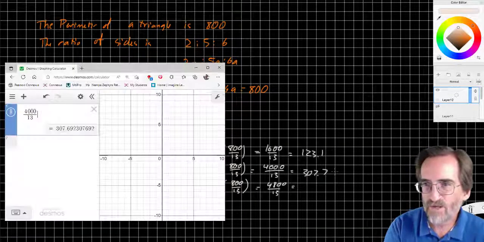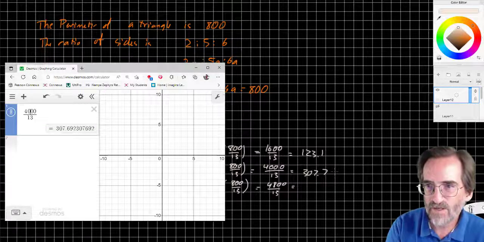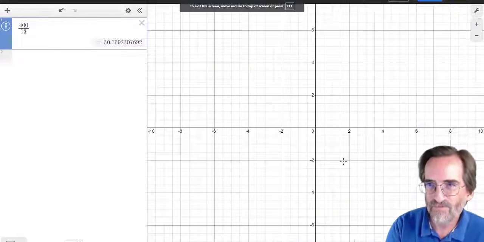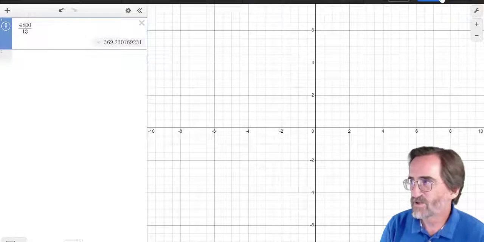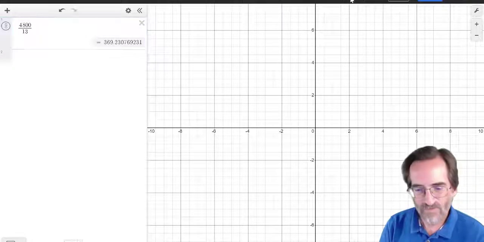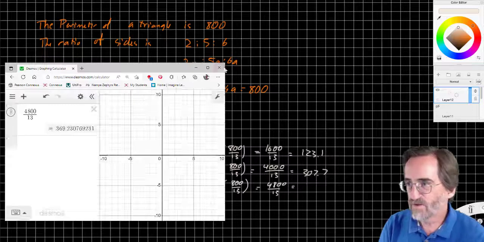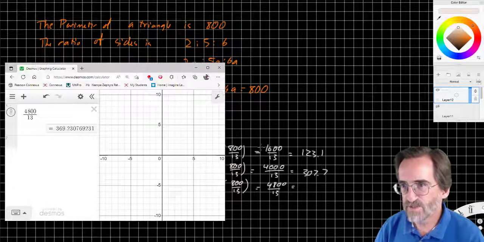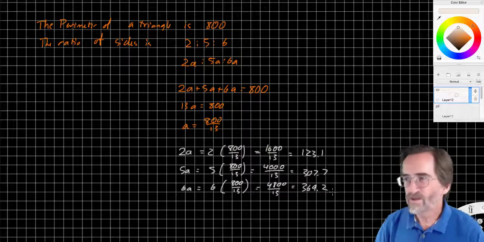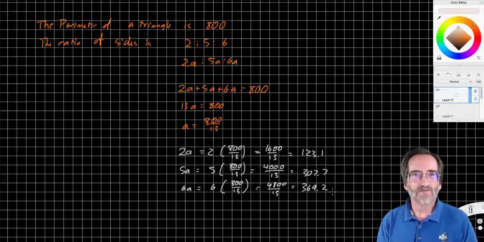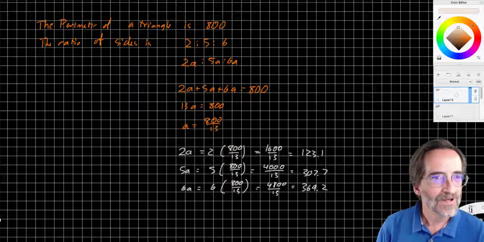And 4,800 divided by 13 is 369.2. I must have hit full screen. 369.2. Okay, so that's kind of how to do that particular problem. Hopefully that helps.